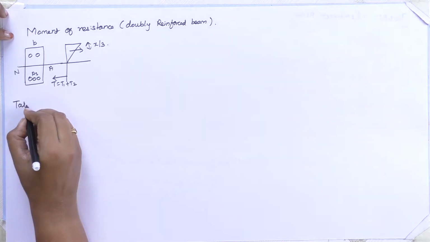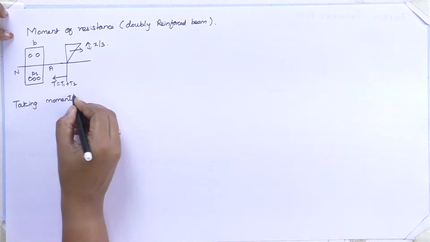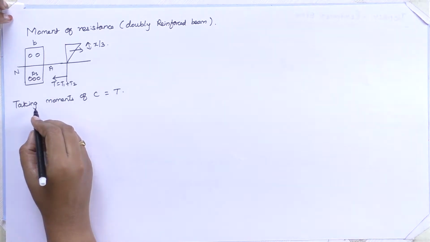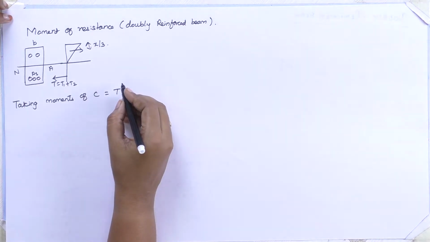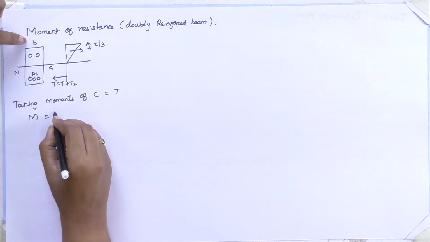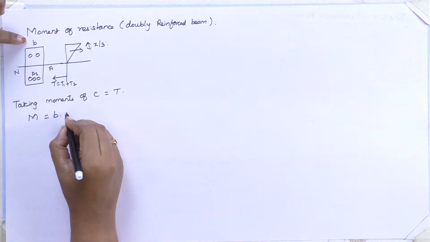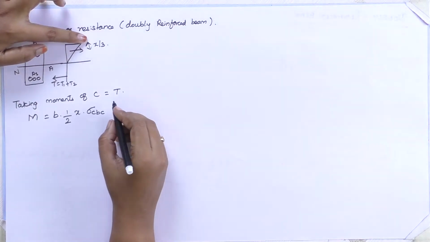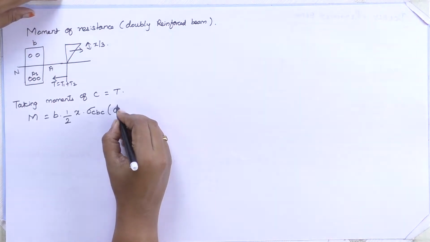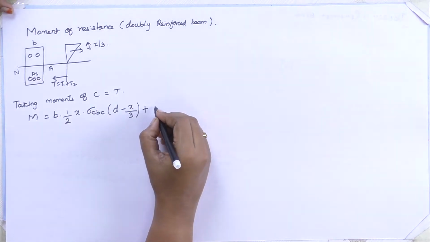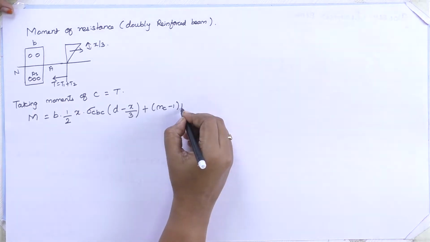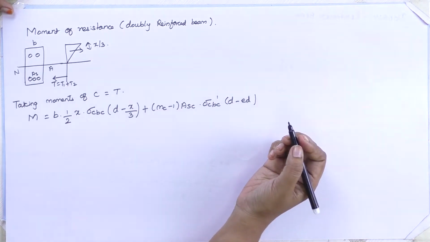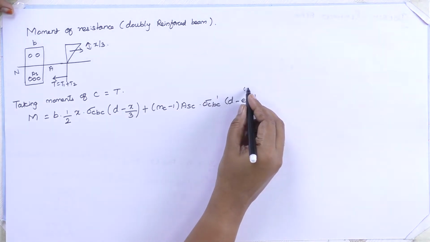Now, taking moments of the compression zone about the center of the steel, tension zone, M is equal to B into half of x into sigma CBC, which will act at a distance of d minus x by 3, plus (mC minus 1) into ASC into sigma CBC dash into (d minus dC), or you can call it d minus d dash.